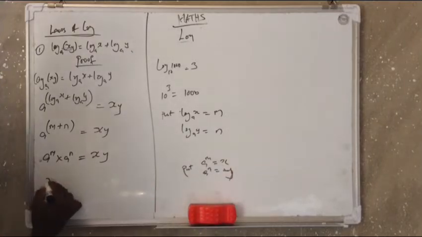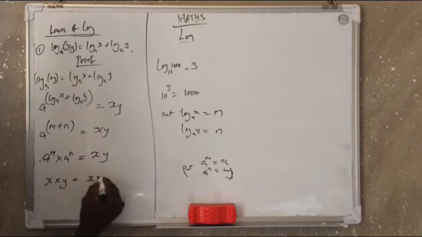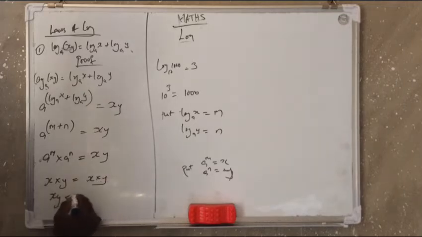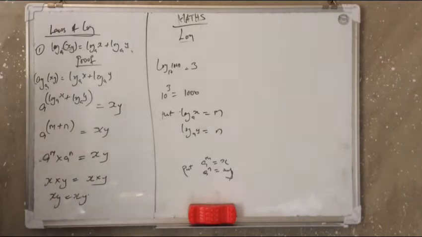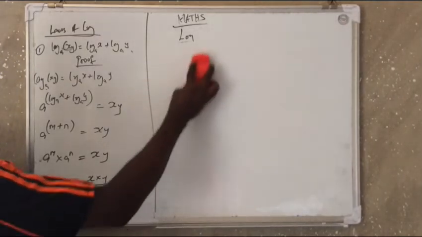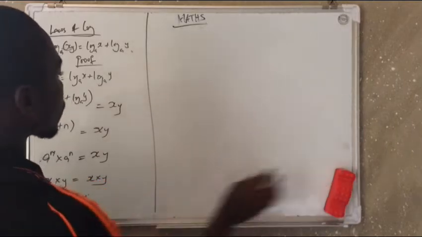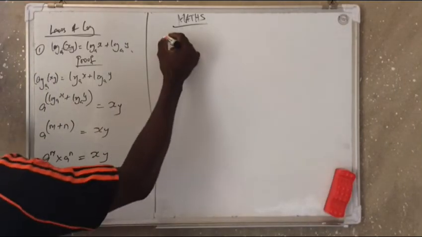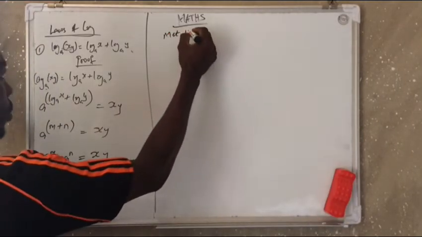Now you can see that x multiplied by y is equal to xy. So that is the first, using the definition of logarithm. Let's take another method, method 2.